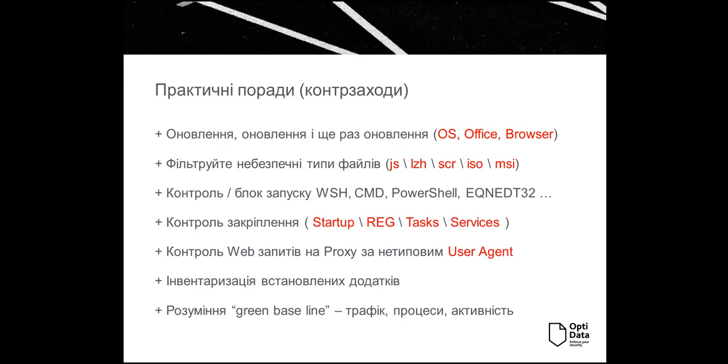I remind you that malware usually can use four different types of persistence: a startup folder on the file system, the registry, HKCU or HKLM, task scheduler, or services if there was privilege escalation. Yeah, and again, not all, but many malwares use a blank or non-standard user agent when they communicate with the control server. So pay attention to your proxy logs.